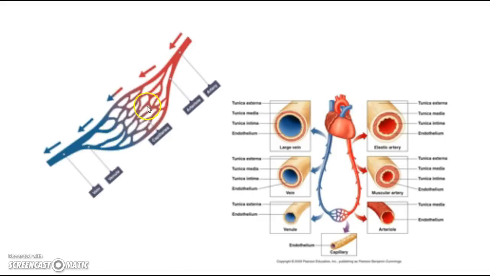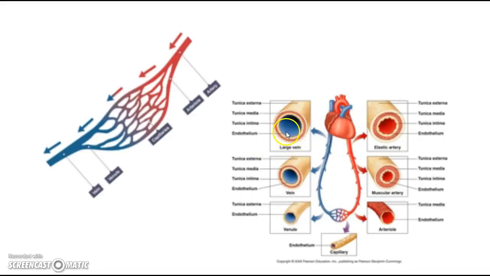It turned blue here because in the capillaries the blood becomes deoxygenated, and the capillaries then link back together making the venules, and then finally the venules will increase in size and create the veins, which will bring the blood back up to the heart.